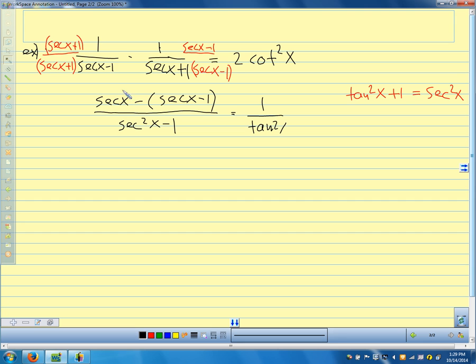Wait, I forgot something here. This should be a secant x plus 1. When I multiply this, I forgot to write my plus 1. So this should be a 1 minus negative 1, so I have a 2. And that's 2 cotangent squared x. So I show that I can get from this side to this side.